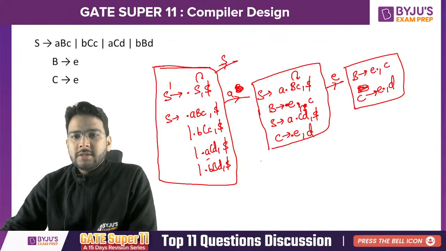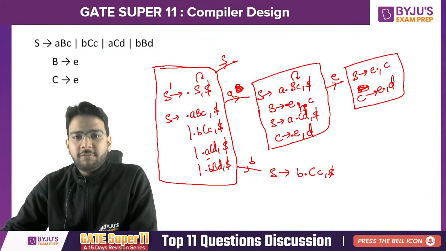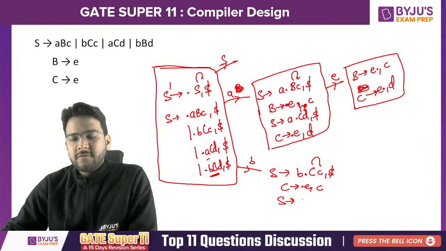Clear? Similarly, if I take the transition on B, what do I get? S derives B dot CC comma dollar. Now you have to find the closure of C. So what do you get? You will be getting this C derives dot E. Follow of C will be the look ahead, that is C. Similarly, you have this one also. So S derives B dot BD comma dollar.